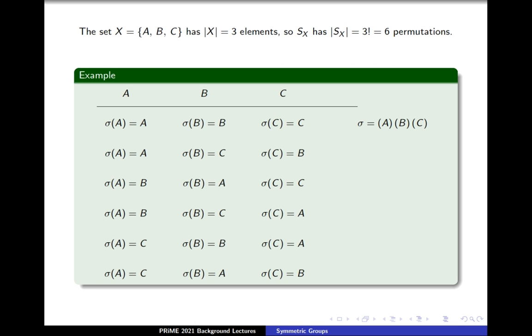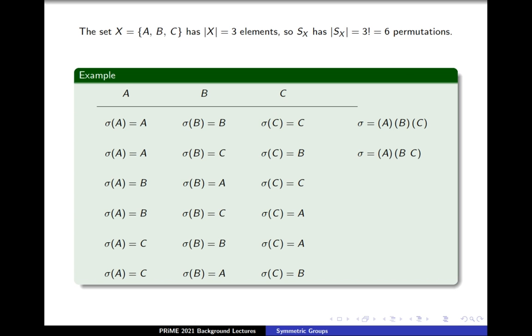For the identity permutation, each element is fixed. So we'll start with a cycle with the letter A. Since it maps back to itself, we'll close that cycle, and then we'll write a cycle with just the element B and close it, and a cycle with just the element C and close it.